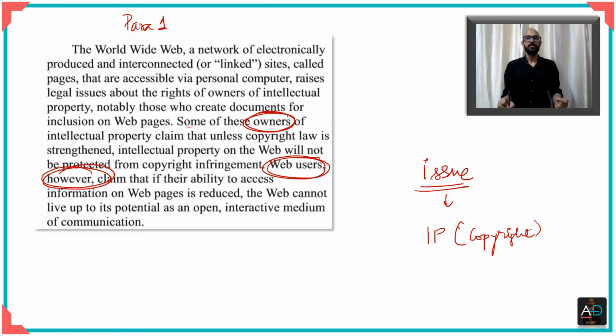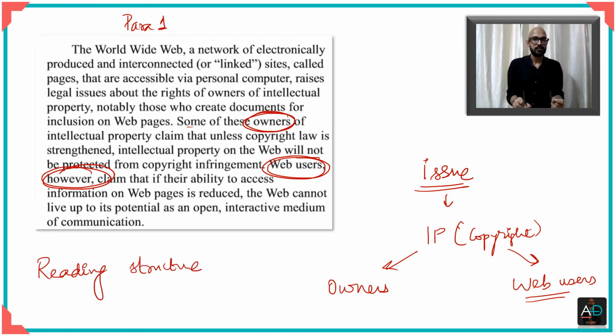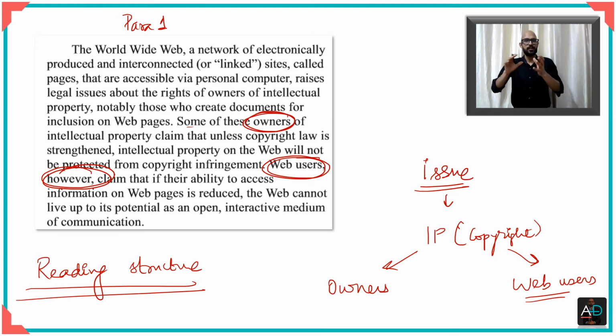And then you're able to see that there are two sides to this. The first side is that of the owners, and the second side is that of the web users. If you might remember, I had said that there is this thing that is called a reading structure, right? The reading structure is that you get to know what is going to happen in this passage.